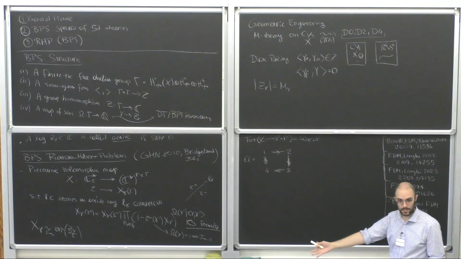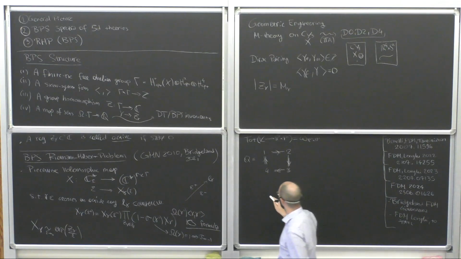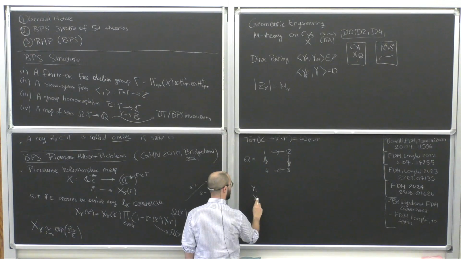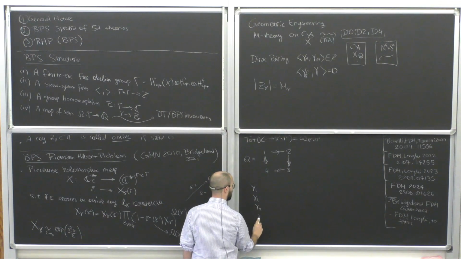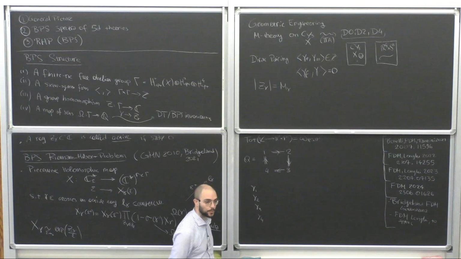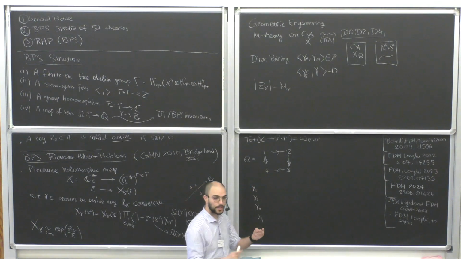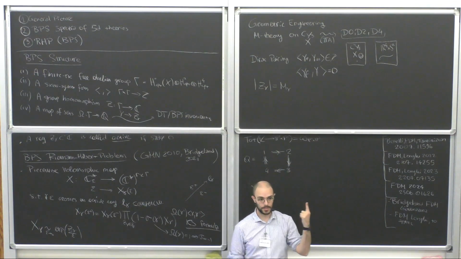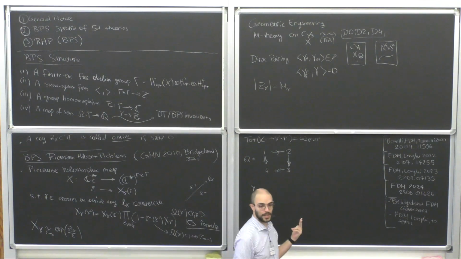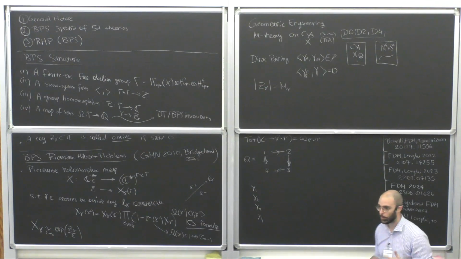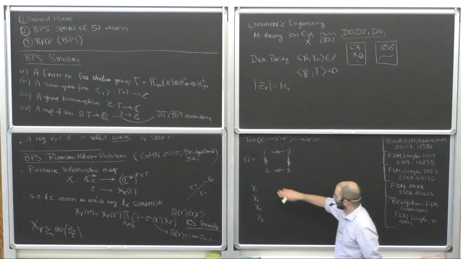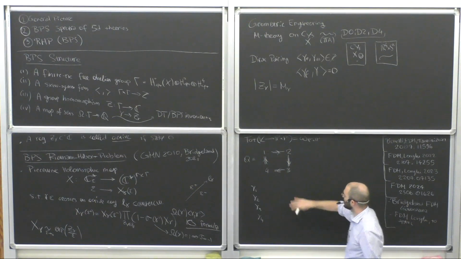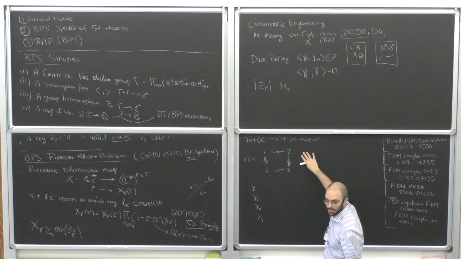I fix a basis of my lattice, which will be gamma 1, gamma 2, gamma 3, gamma 4. So in this case of P1 times P1, the lattice has rank 4. H2 is just the two P1s. Then you have one generator of H0 because it is connected. And then you have one generator of H4. You pick a positive integral basis of your lattice. And then you write the quiver in this basis.